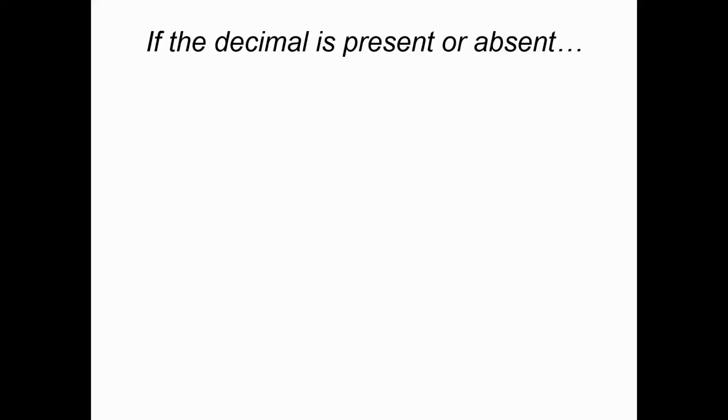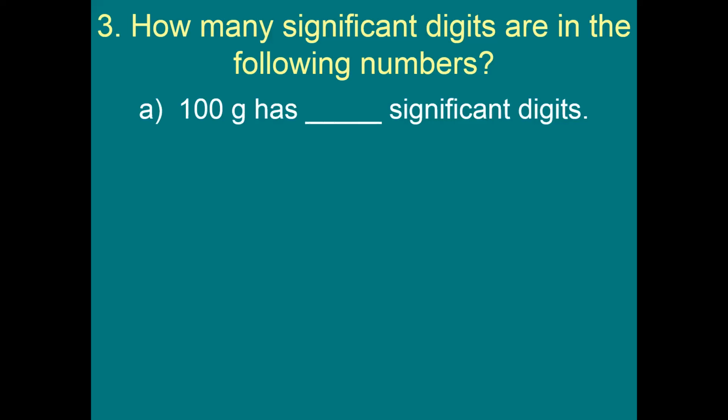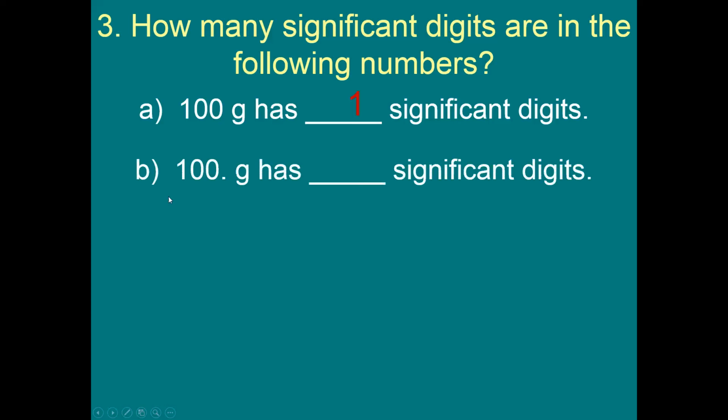If the decimal place is absent, it is not a significant digit. 100 grams, no decimal place, one significant digit. 100. with a decimal place, grams, three significant digits. So no decimal place, I don't count the terminating zeros. Decimal place, I count the terminating zeros.